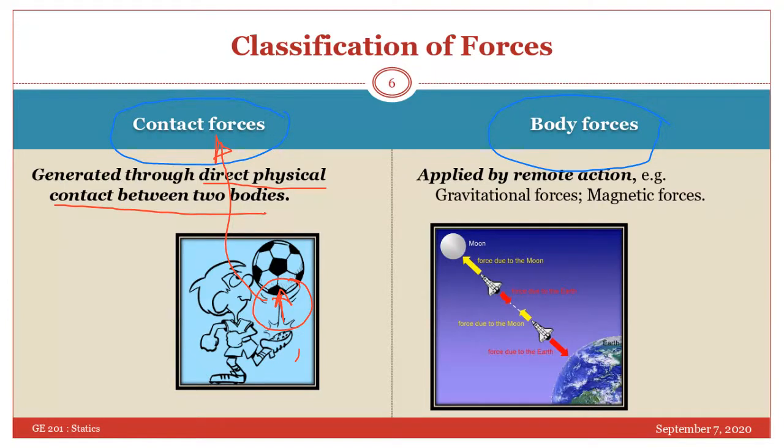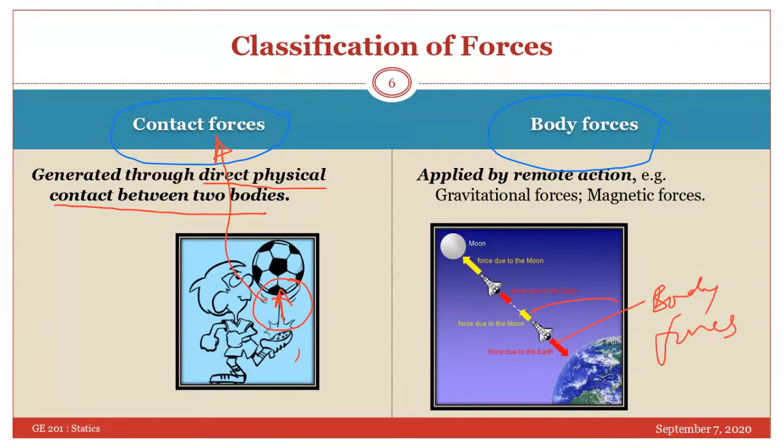Gravitational force is also another example of body force. For example, this is a rocket that is moving from the Earth to the moon. When the rocket is near the Earth, the Earth's gravitational pull is high and the moon's gravitational pull is small. Both are body forces.